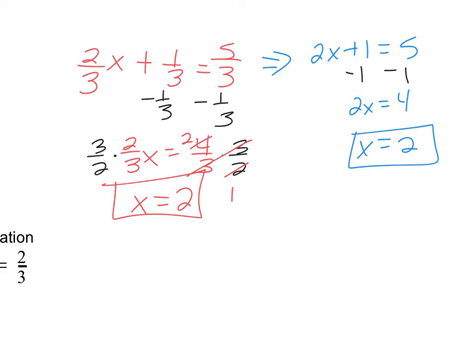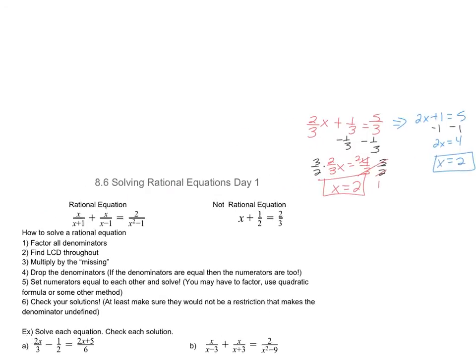So when we're going to be having these rational equations, we're going to make sure all the terms have a common denominator, and then whenever they have a common denominator, you can take the denominators away. It's going to be pretty fun.